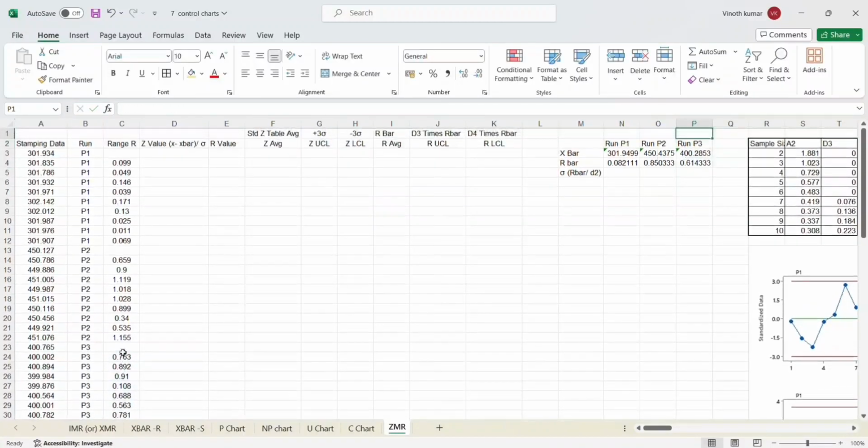Now I have calculated each production run wise its X bar and its range and range average.